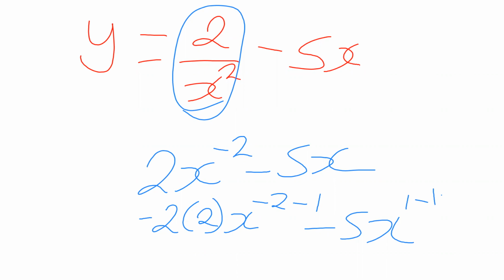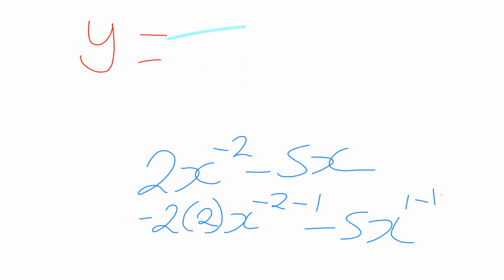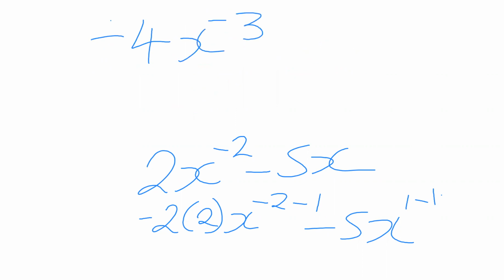And so what you're going to have is negative 2 times 2 is negative 4x to the power negative 3, because negative 2 minus 1 is basically negative 3. Then minus 5x to the power 0.